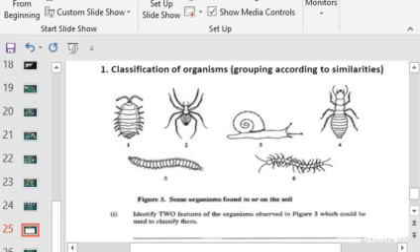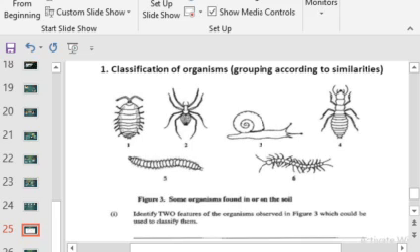So when you look at these organisms, the first thing we would do is use what we learned in regards to the different classes of animals. What are their characteristics?